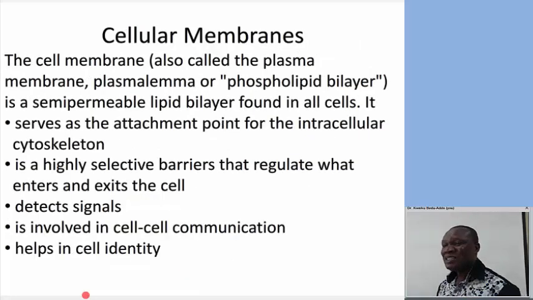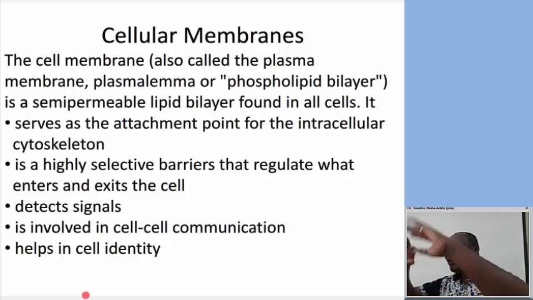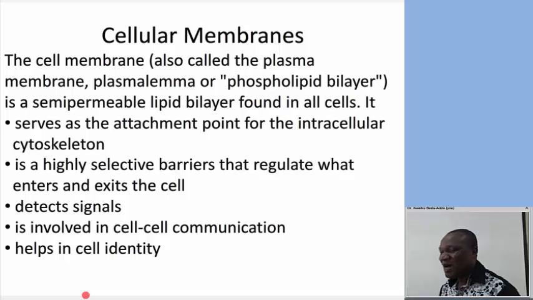We are going to look at cellular membranes. Now, every cell is bounded or limited by a membrane which is called a cell membrane. In animal cells and in plant cells, we have cell membranes. But in addition to the cell membrane, in plant cells there is a cell wall.